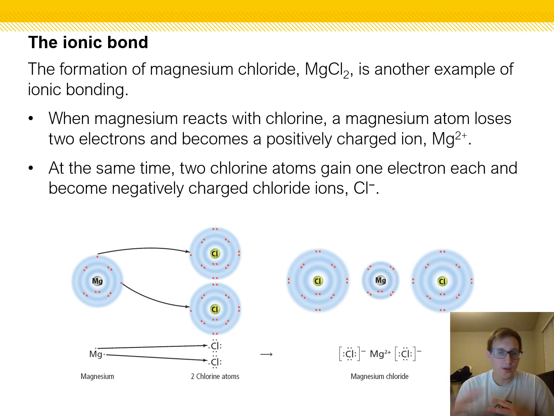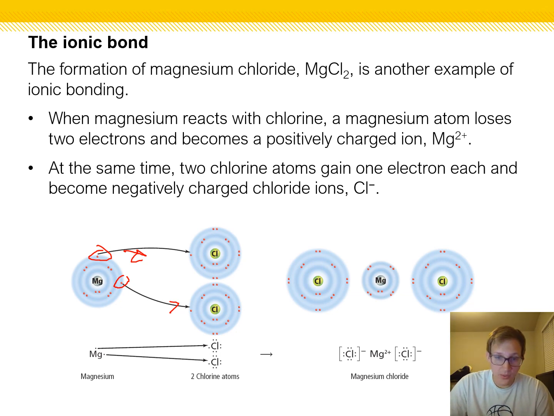If you look again at my Bohr models down here, I don't know why my cursor disappears, but we've got 1 and 2, and each of them are going over here, and they're going to fill the outer shells of these chlorine atoms.